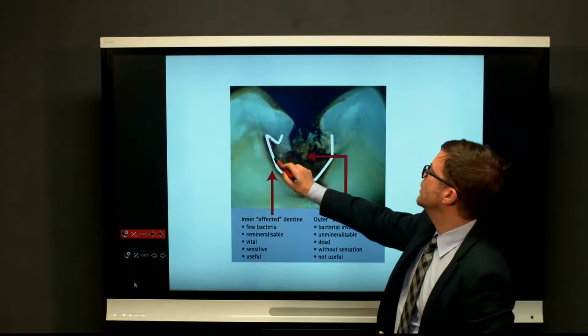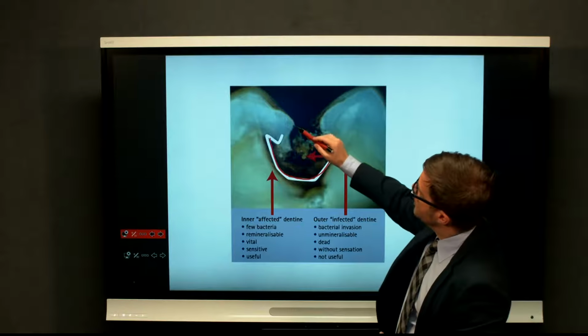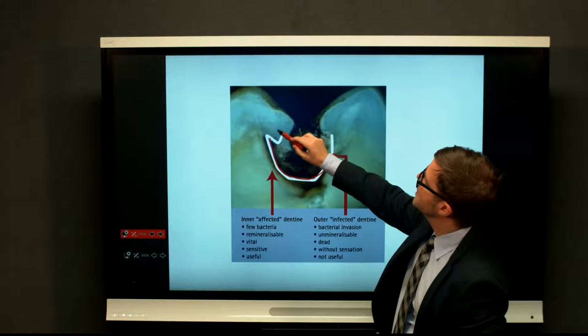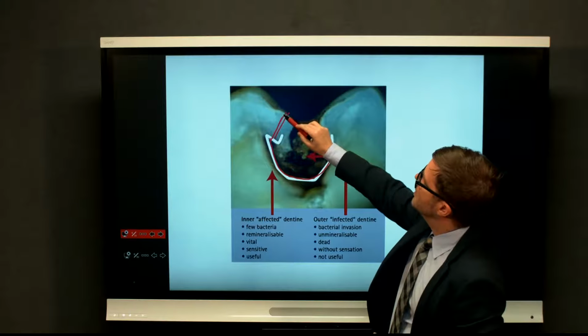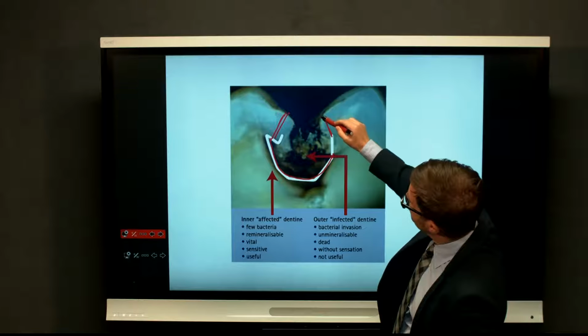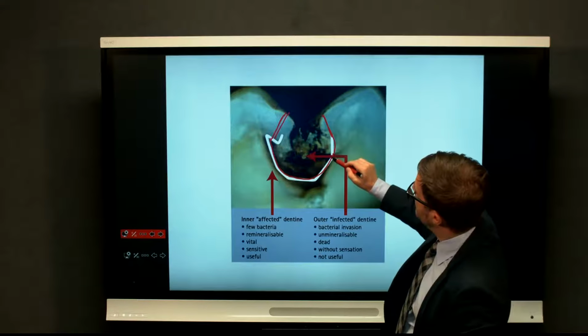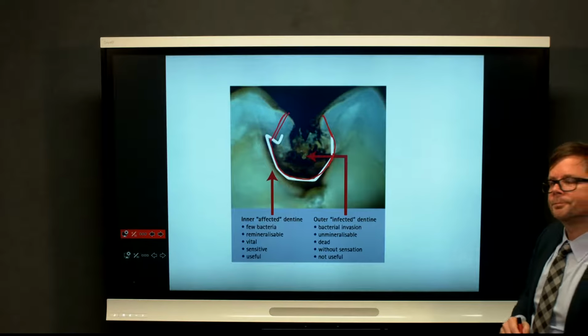So this would be included in our cavity design. We'd also need to then consider that this is potentially unsupported enamel, and we may need to eliminate that. And the same thing here. Okay, so our final cavity design may look something like that.